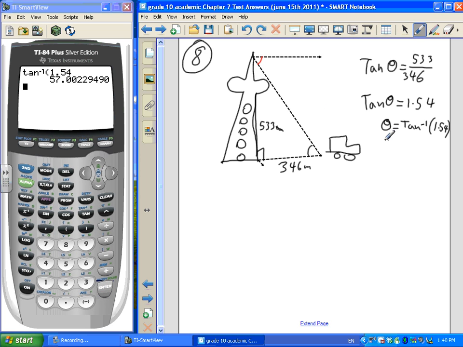So the angle beside the car is 57, and since the angle of depression is an alternate angle to that, the angle of depression from the top of the CN Tower there is also 57. Okay. Good.